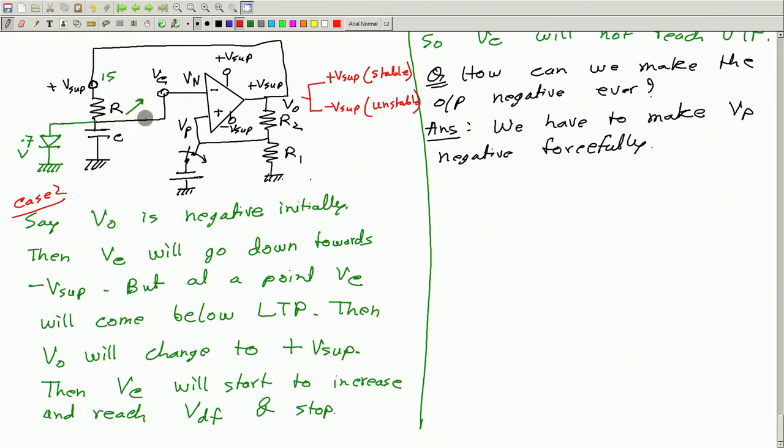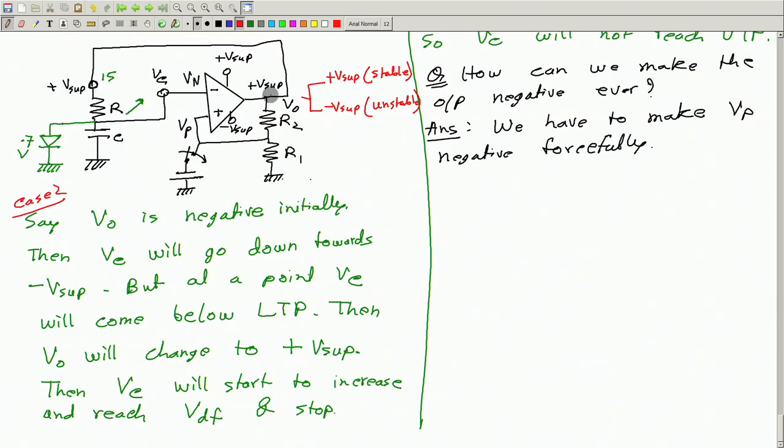So, it will draw or pump out current from the capacitor. So, the capacitor voltage will go down and down, and at some moment this voltage will be lower than the lower trigger point of this Schmitt trigger, and when that happens, the output will switch to positive. This is because this is an inverting type Schmitt trigger.